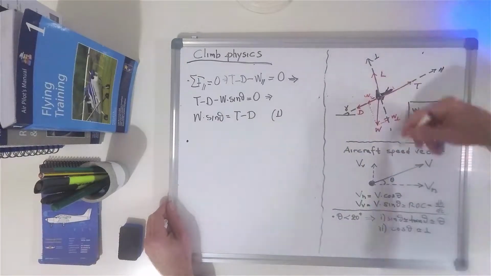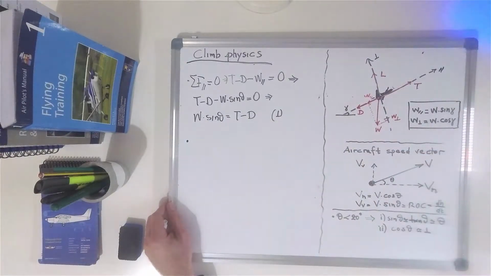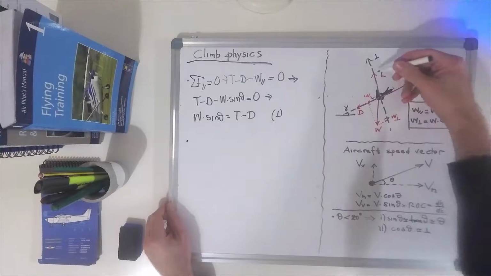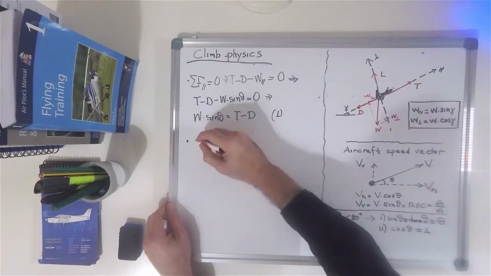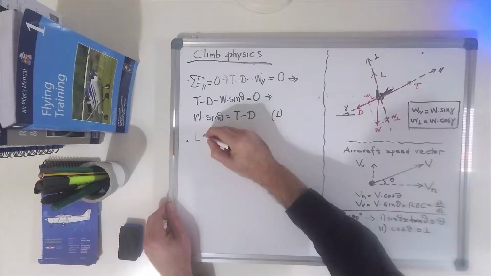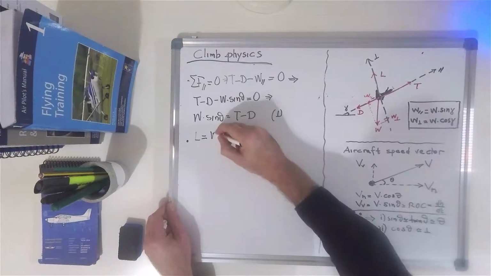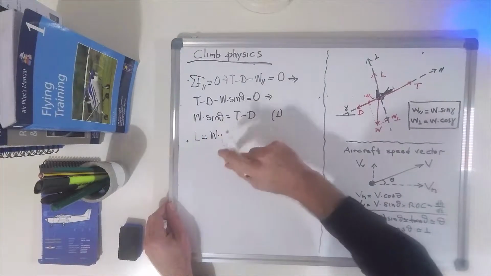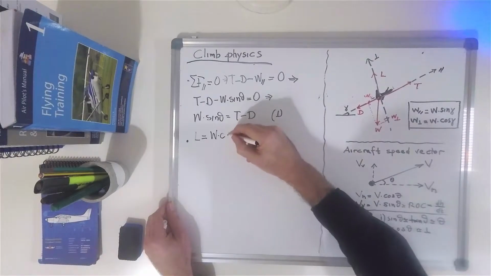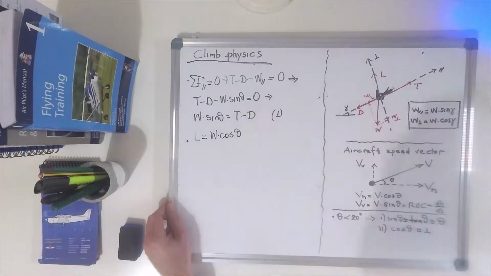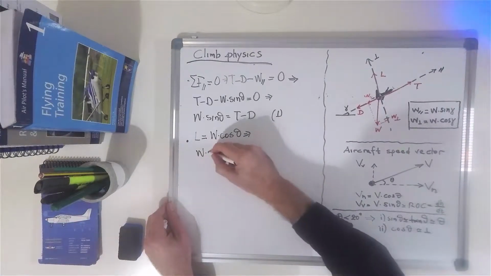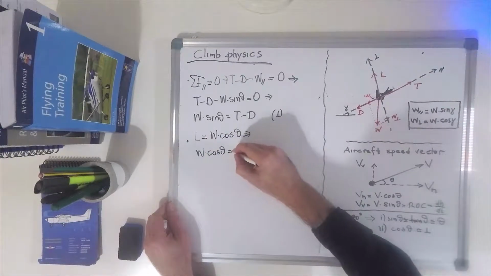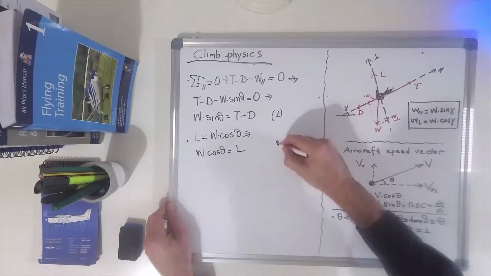In the other axis, where the aircraft is also in equilibrium, we have that the lift is equal to this component of weight. So lift equals the perpendicular component of weight. Let's rewrite it in that form and call it 2.